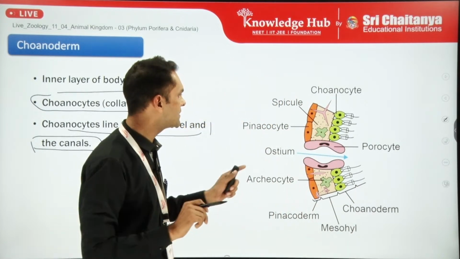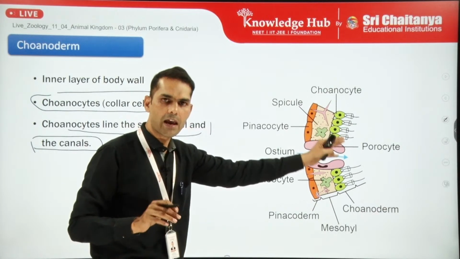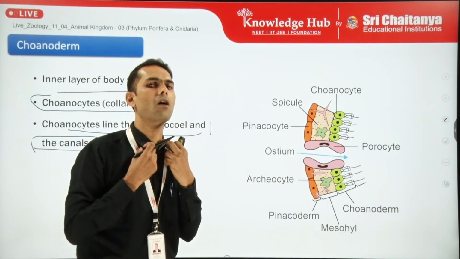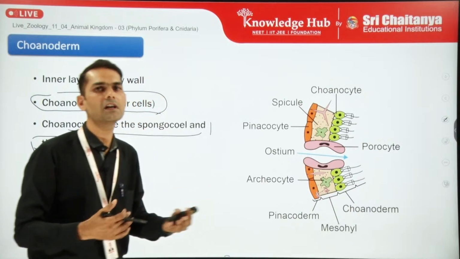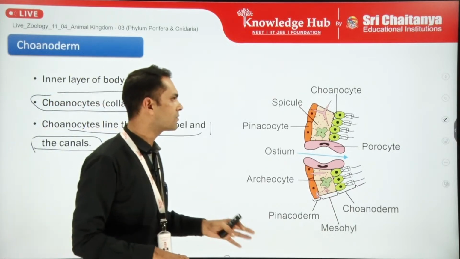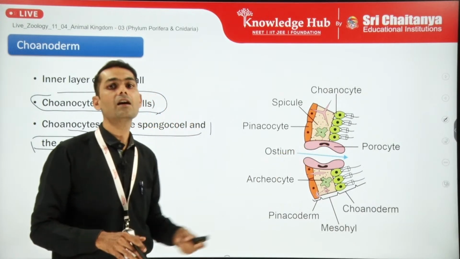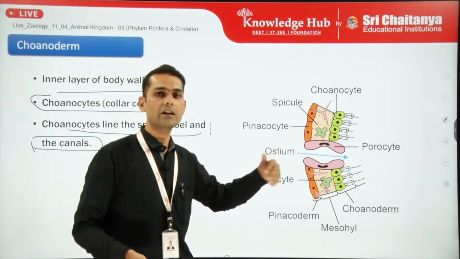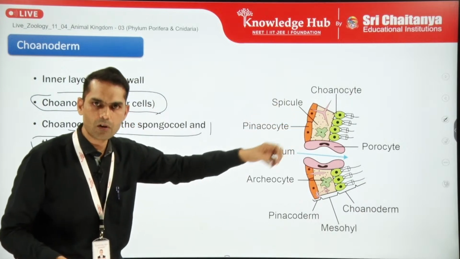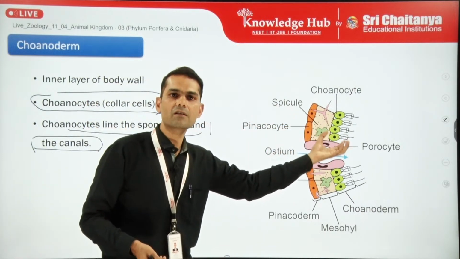Now choanocytes, if you see its shape, it has the shape of a collar. So that's why the common name comes, collar cells, and it is also the characteristic cell, and also it has the property to differentiate or give rise to germ cells also. It also does the process of ingestion.